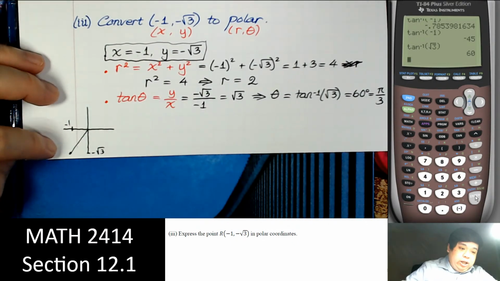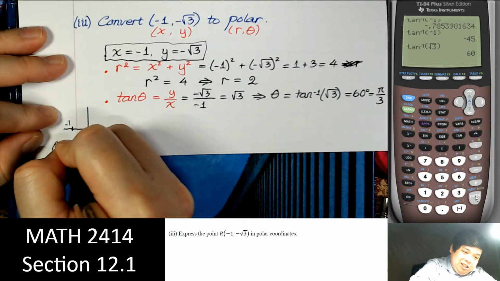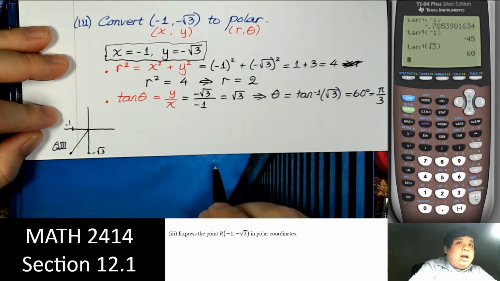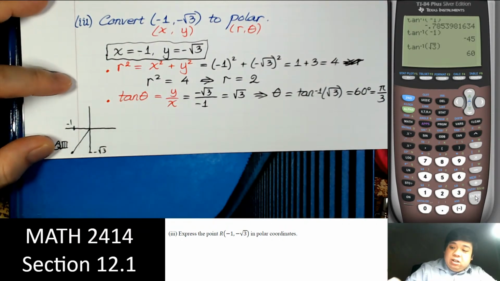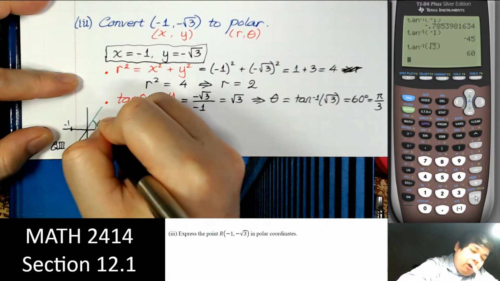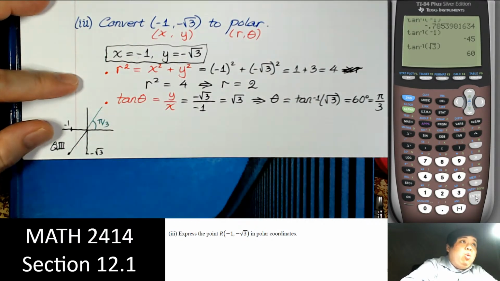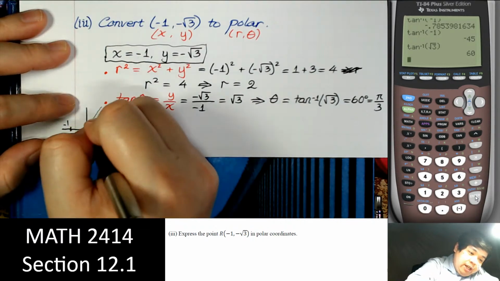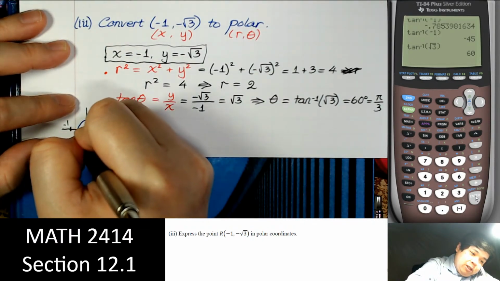This is in quadrant 2, and pi over 3 is in quadrant 1. So that doesn't work. However, we do have pi over 3. If we want this to be in the right quadrant like we want it, all we do is add a pi to it.